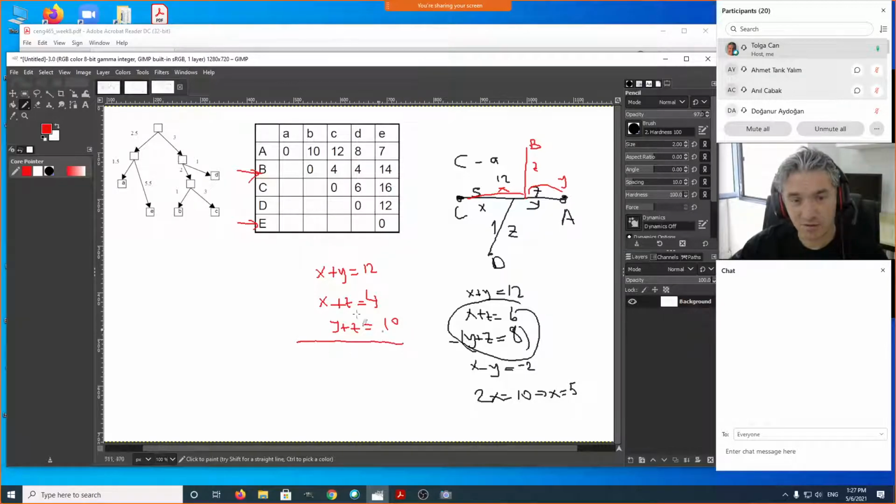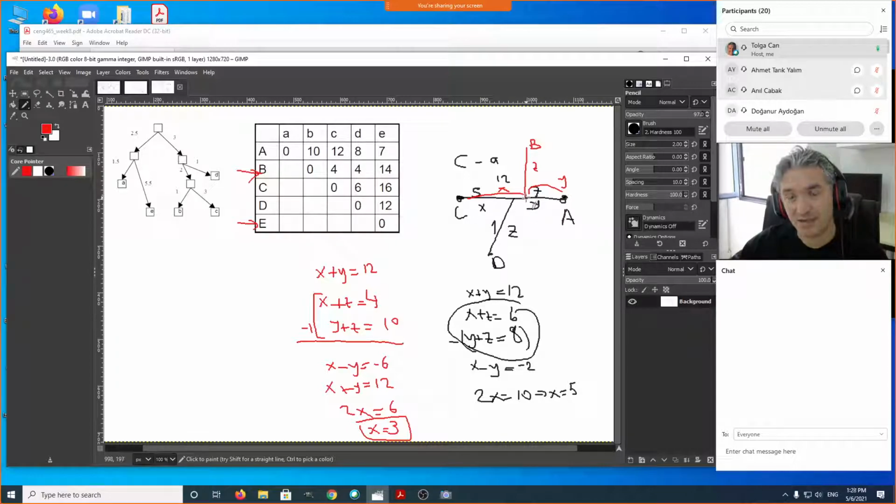Let's try it again. I'm going to subtract this one from this: x minus y is equal to -6 this time, because 4 minus 10 is -6. And x plus y is equal to 12, which gives me 2x is equal to 6, x is equal to 3. So what does this tell me?